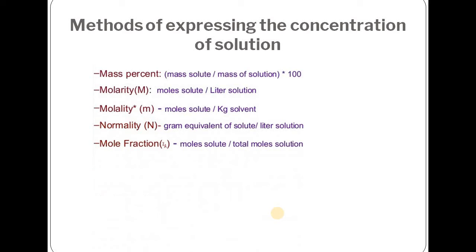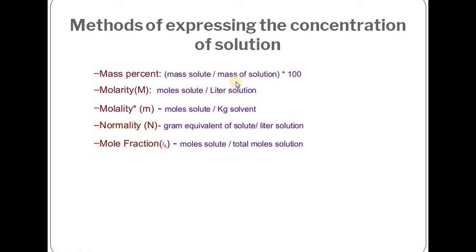Now the next one is the methods of expressing the concentration of a solution. There are various methods we have already gone through in previous classes, like mass percent, molarity, molality, normality, and mole fraction. These are the different formulas which we can use to express concentration in different terms.